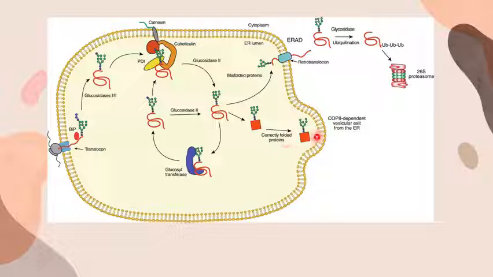The misfolded proteins are delivered to the retrotranslocation channel and exported to the cytosol. The proteins then undergo further modification and are targeted to the proteasome for degradation. So the correctly folded proteins will be sent to the vesicles, while the others will go to the proteasome for degradation.